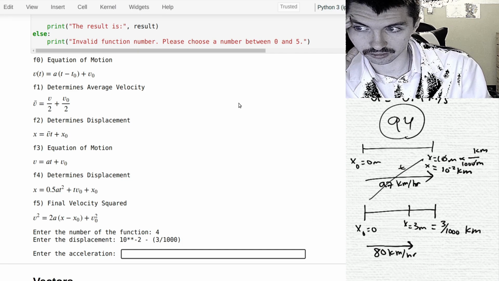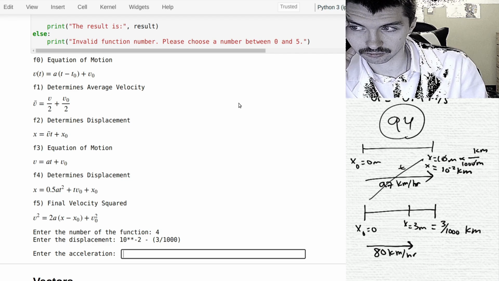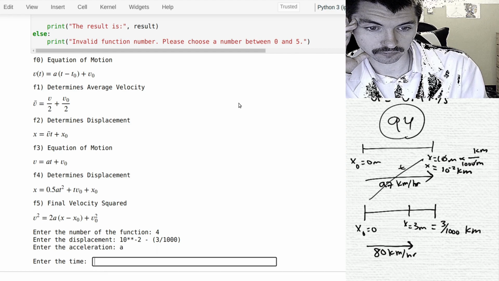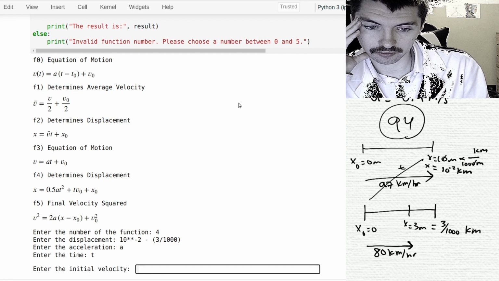Acceleration. I don't know acceleration. Don't know time. Initial velocity.